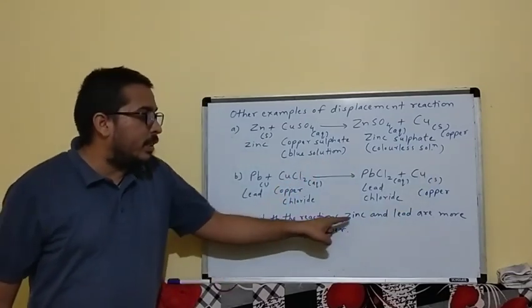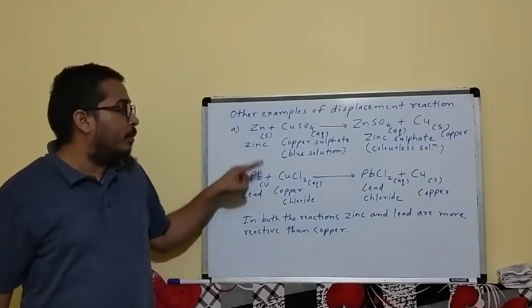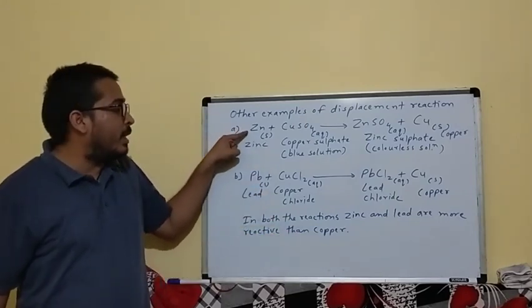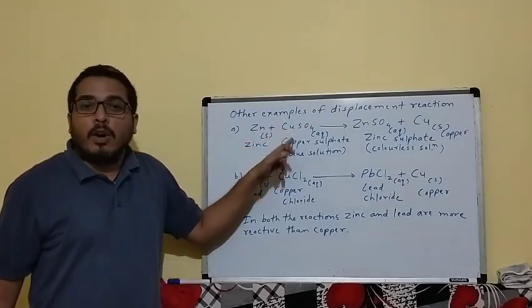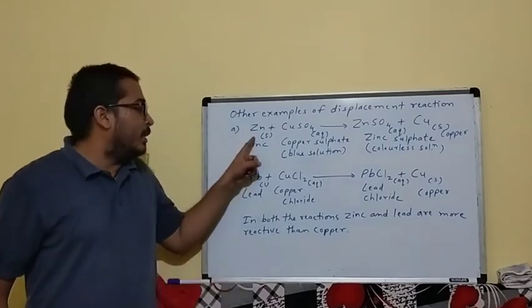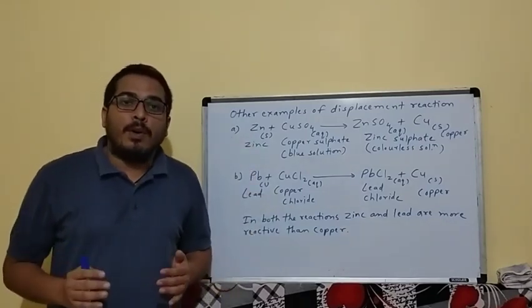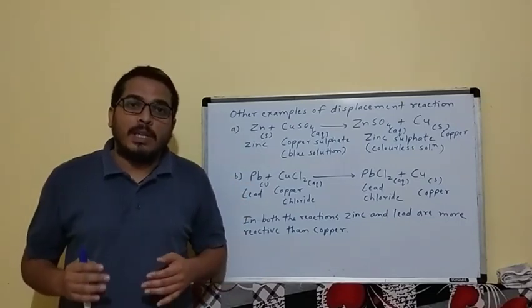In both the reactions, zinc and lead are more reactive than copper. So in both reactions, zinc and lead can displace copper from its salt. Because of that, zinc and lead are more reactive, and this type of reaction is called displacement reaction.